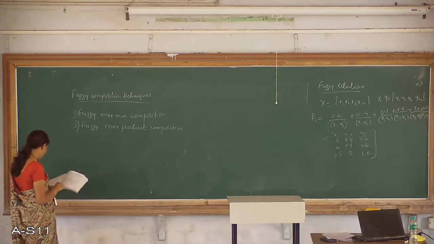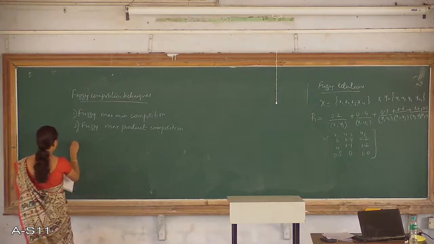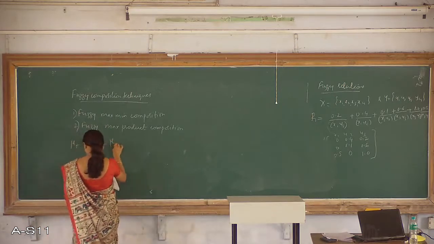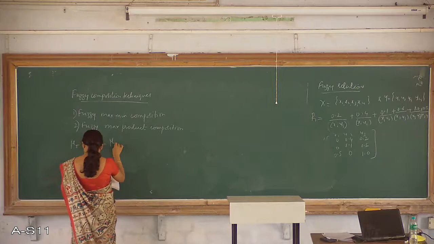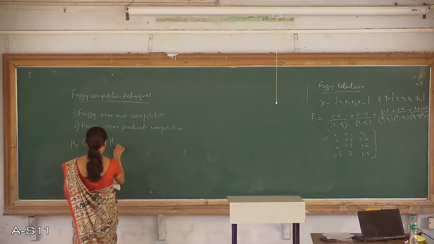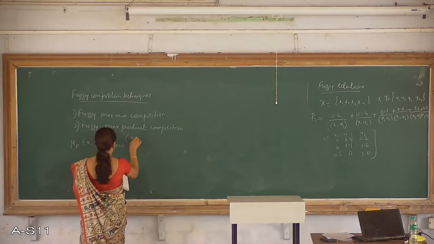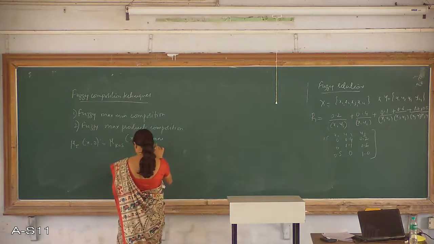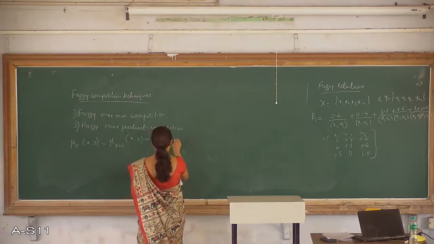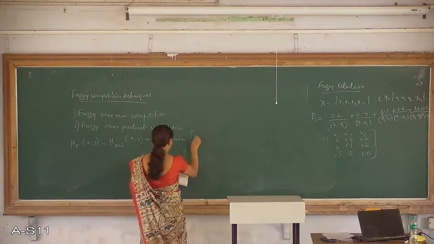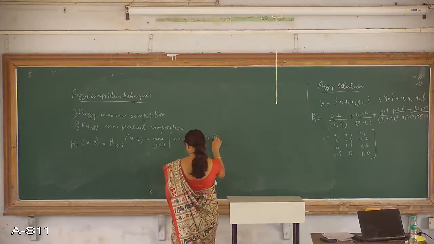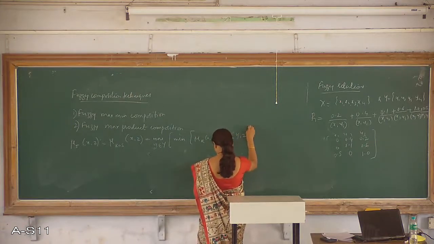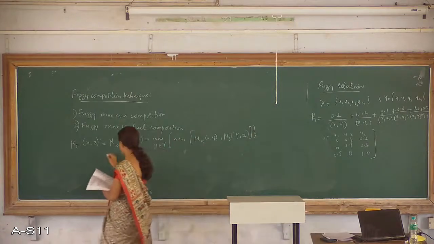We will note down the formula because this is required for finding mu T of xz, which is equal to mu of R dot S of xz, which is equal to max over y belonging to Y of the minimum of mu R of x comma y and mu S of y comma z.